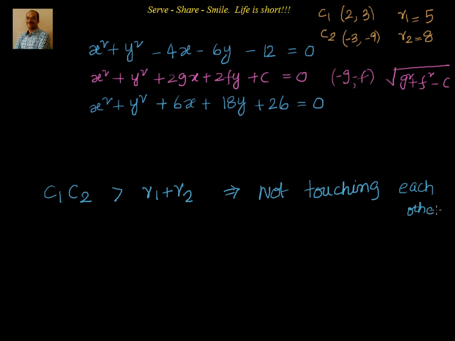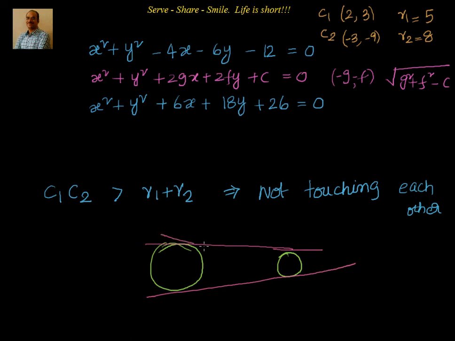In this case, how many tangents will we have? Suppose I have a circle like this, and there is another circle. Now how many can I draw? One is this, the other one is this, this, and this. So I can have four common tangents in this particular case.